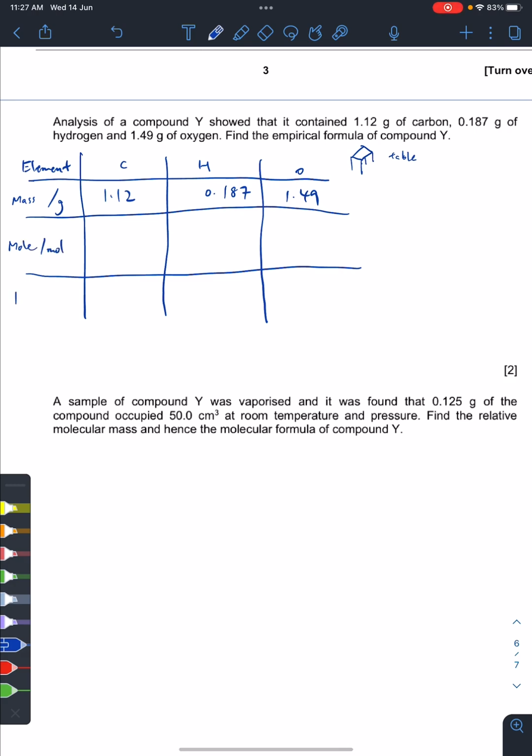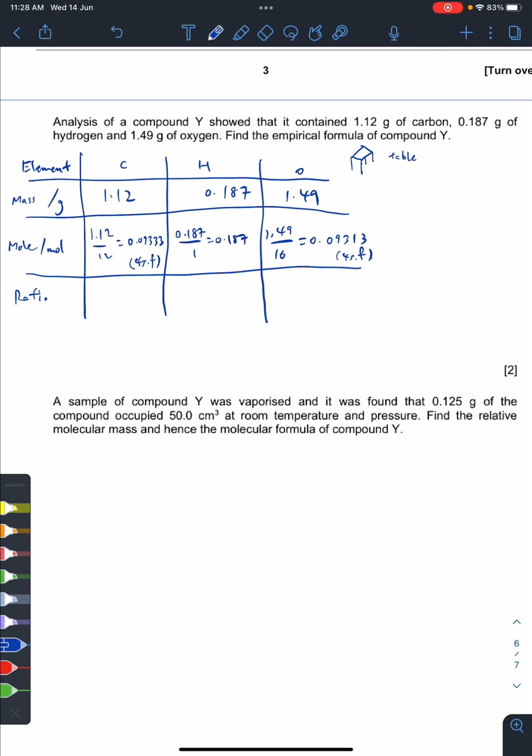Last step ratio. 1.12 divided by 12 is 0.09333. So the answer has a lot of threes. You leave it as 4 sig fig. In between answers are 4 sig fig. 0.187 divided by 1 is 0.187. 1.49 divided by 16 is 0.09313. 4 sig fig.